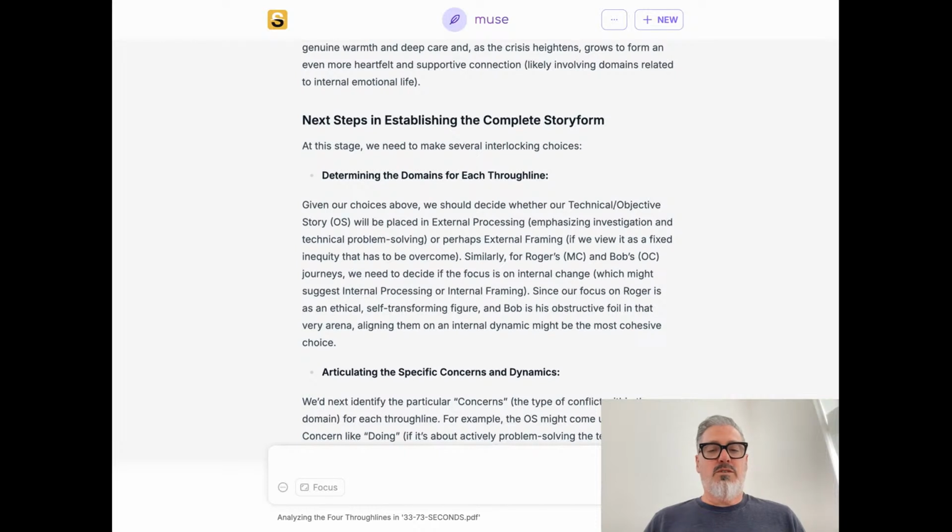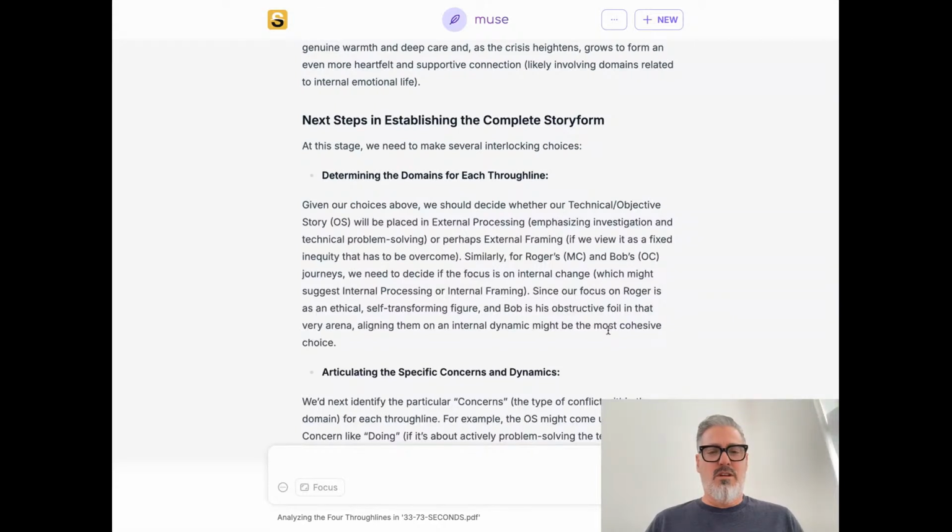Given our choices above, we should decide whether our technical objective story will be placed in external processing or perhaps external framing. I don't think that's right. Similarly, external framing would be like if you were looking at the culture of NASA, or if, yeah, I don't even, that's definitely not right.